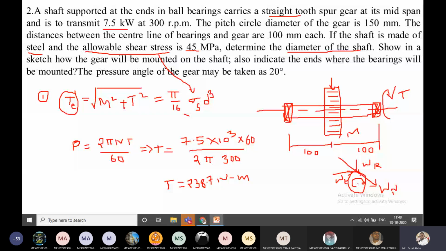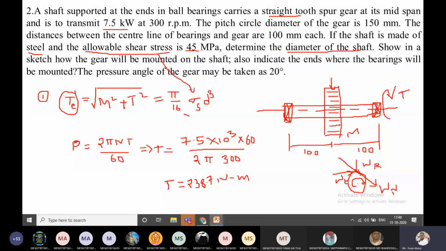Now this WR load, I am replacing it here to make a complete triangle. Now what do we require? We need to calculate the total load acting on the bearing. What is the total load acting on the gear? That is the normal load.